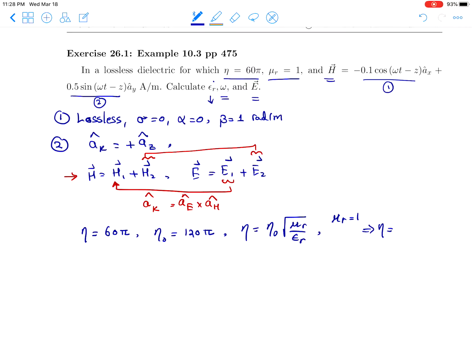Therefore, eta is eta naught divided by the square root of epsilon r. If we substitute all the values, we will have the square root of epsilon r equals 120 pi divided by 60 pi, which is 2, which means epsilon relative is 4.